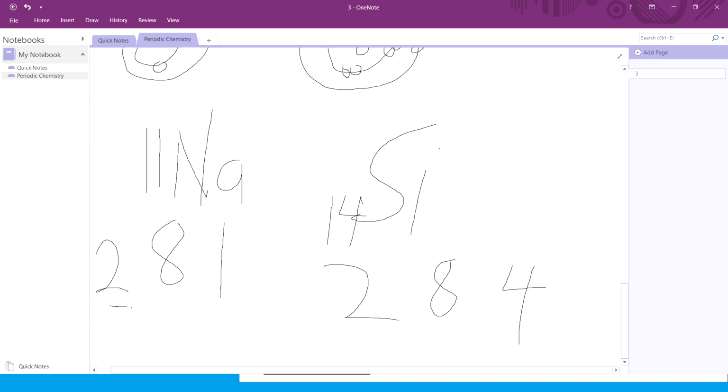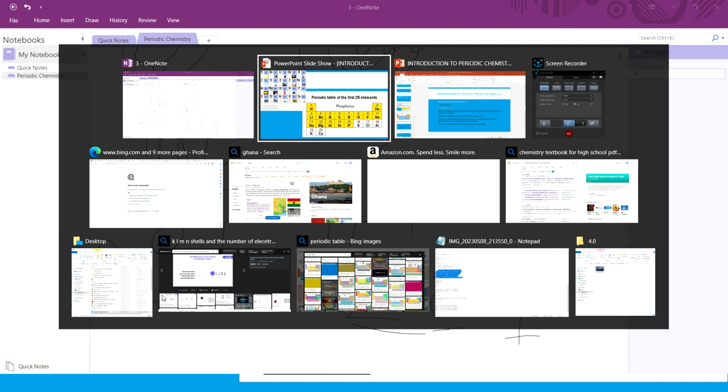How many shells? This is K, L, M, so three shells each, and it means that they are in the same period.